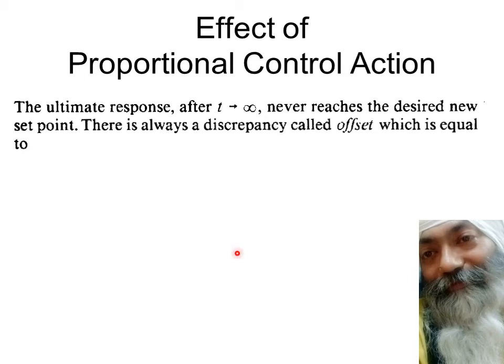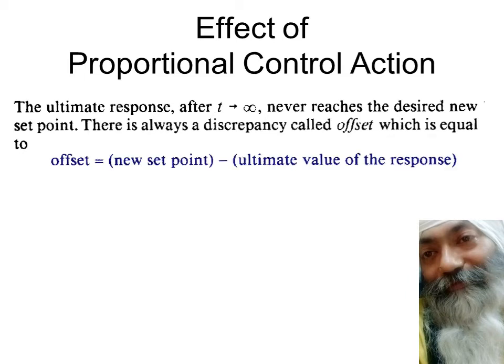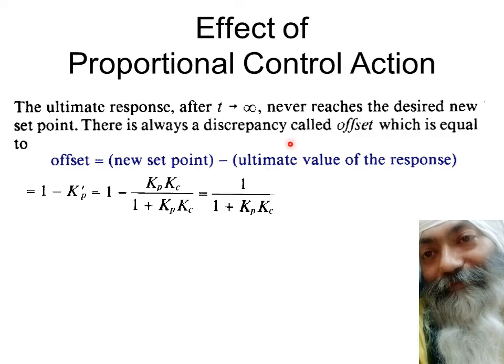This offset is nothing but 1 minus k dash p. It was supposed to be 1, but it is not 1. The new set point was 1, and the ultimate value of this response is k dash p. So the difference of the two is 1 minus k dash p.